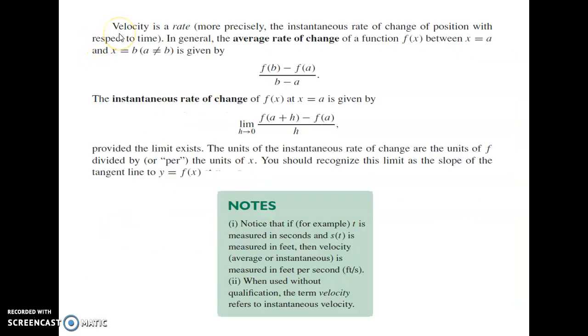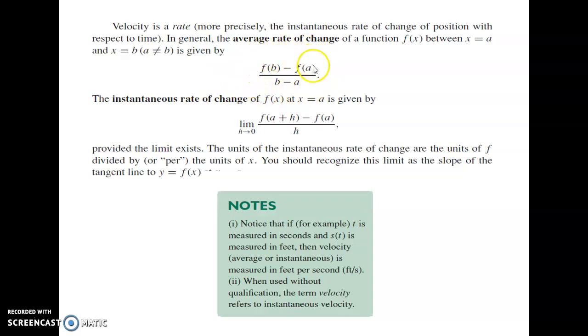So what is the velocity? The velocity is a rate. Rate means the change: at what amount it is changing. So velocity is a rate. In general, the average rate of change of a function f(x) between x equal to a and x equal to b is the average velocity.